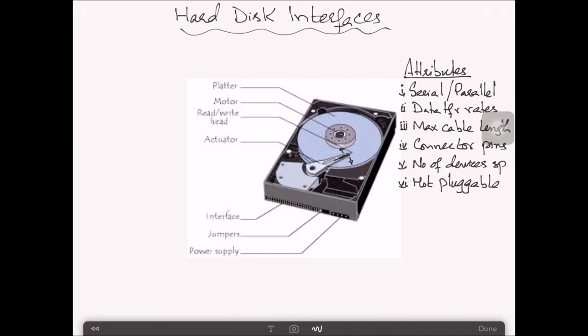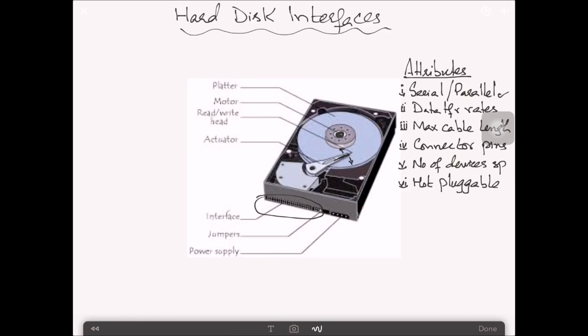So right now I want to talk about the interfaces. By interface I mean the pinouts of the connector, how you are going to connect your hard disk with your system. The interface with which a hard disk is connected with the motherboard or the south bridge of the motherboard has evolved over time. It has different attributes which are mentioned over here.